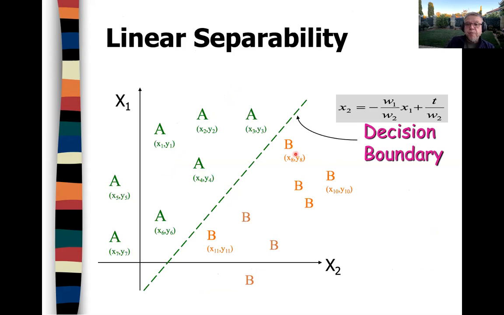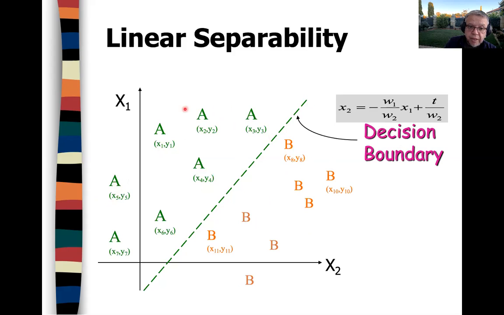So linear separability: this is class A, this is class B again. You have a number of points and this is their class. The first point, X1, Y1 belongs to class A, and this one, X2, belongs to class A, and so on. But these points belong to another class B. And this is the decision boundary, so this is a linearly separable problem.